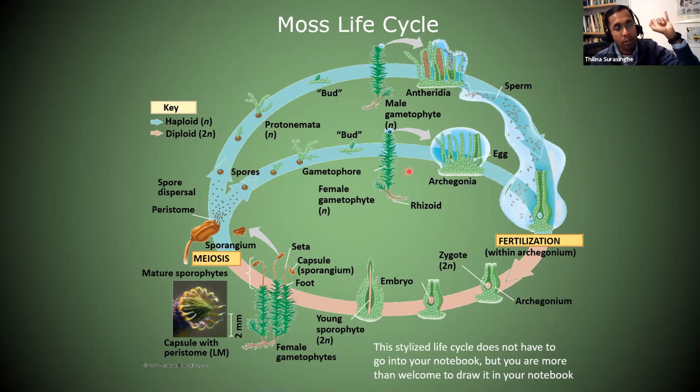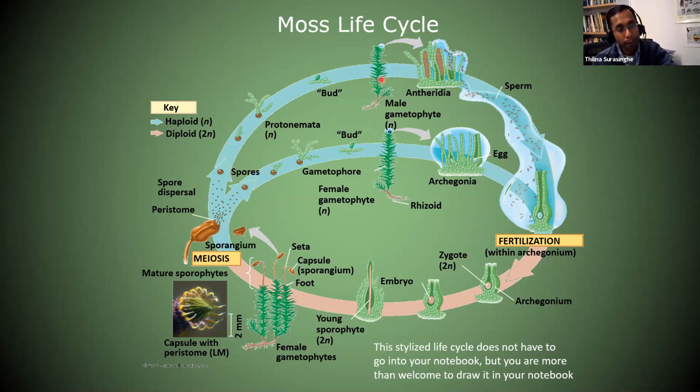Now remember this very carefully, right? That female gametophyte has multiple archegonia, but in each archegonium, you only have a single egg, right? So this is an archegonium, this is an archegonium, this is an archegonium. Each archegonium has a single egg.